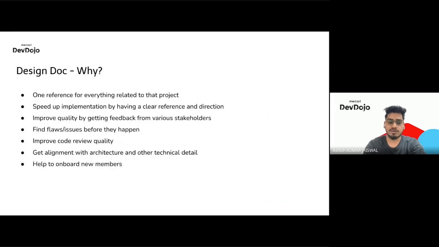So we talked about what a design doc is, and let me tell you why we need a design doc and what benefits we can have with it. The first thing is that we can have one reference for everything related to that project.